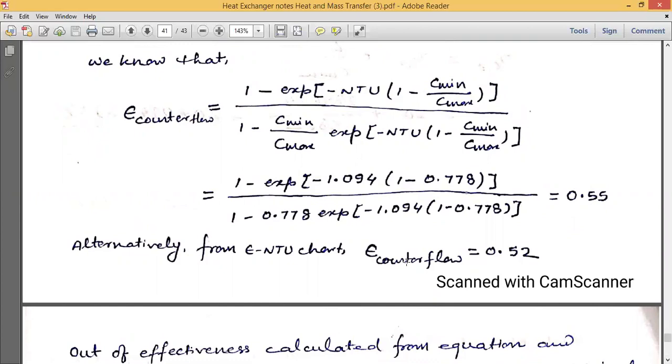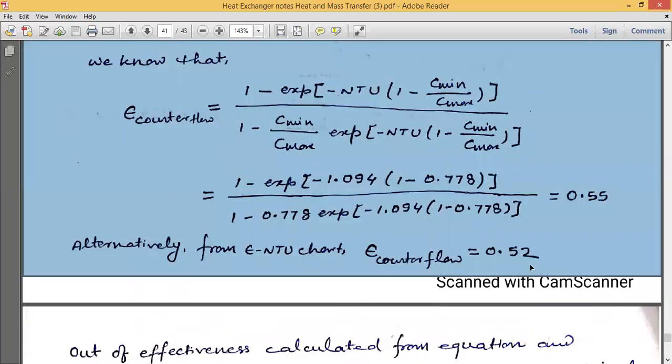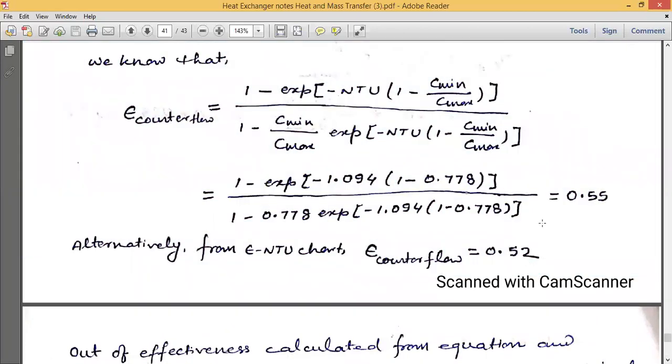Likewise, as in the previous numericals, if we read it out, we will get the value as 0.52. Out of these two, the value of effectiveness calculated using the equation will be more reliable, and it will be more accurate than the effectiveness value read out from the effectiveness chart.